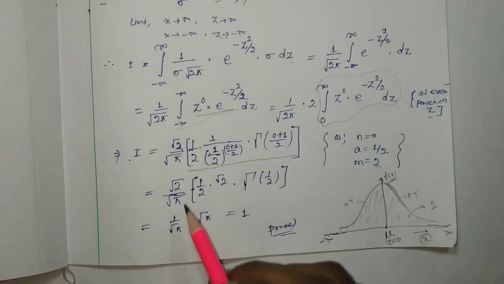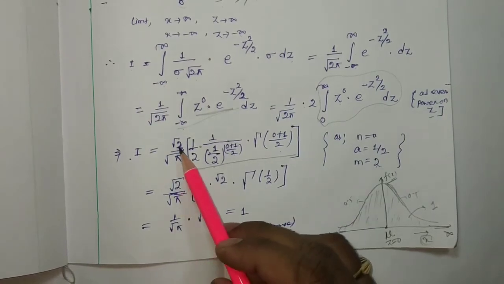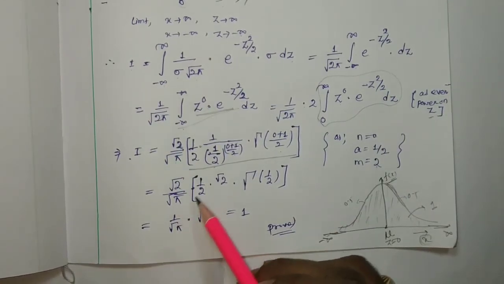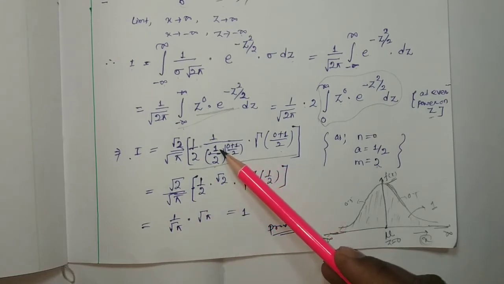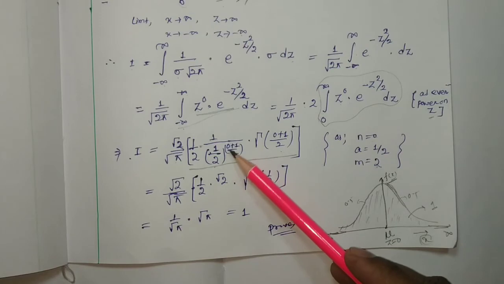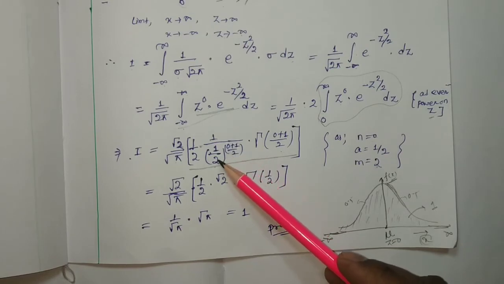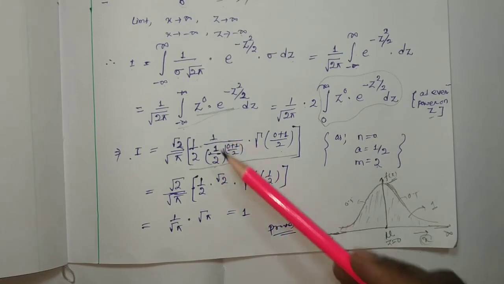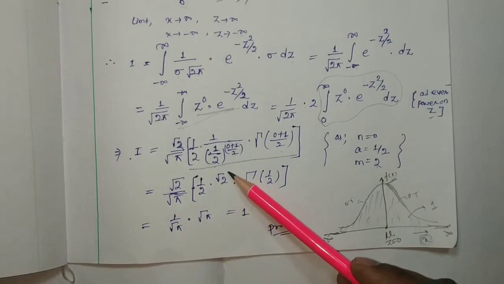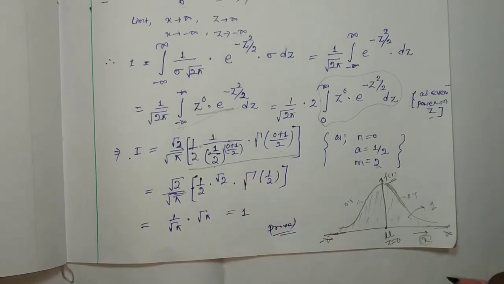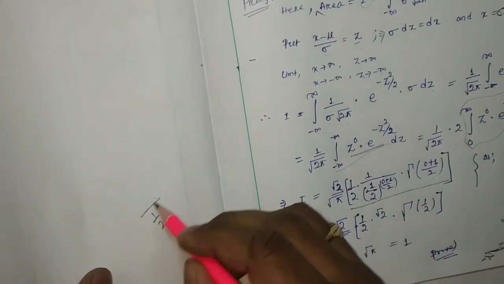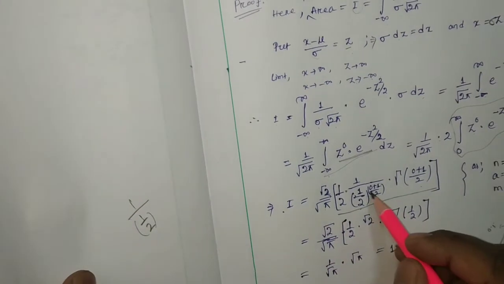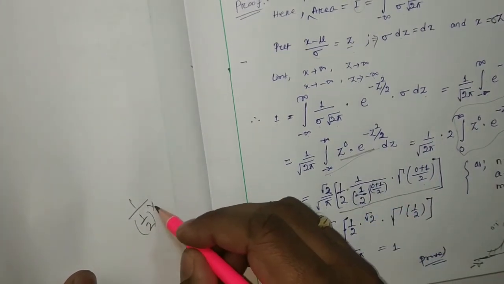Okay, so here we found that root 2 by root pi is there, into 1 by 2, and this is 1 by 2 to the power 1 by 2. If this 2 is taken to the numerator, it will be 2 to the power 1 by 2, or root over of 2. You got it? See, this is 1 by 2 to the power 0 plus 1 by 2, that means 1 by 2, right?